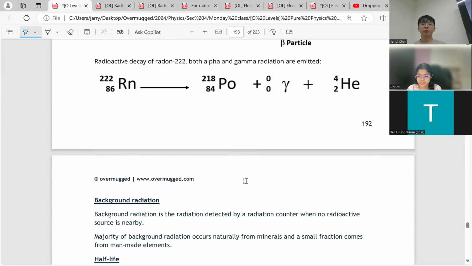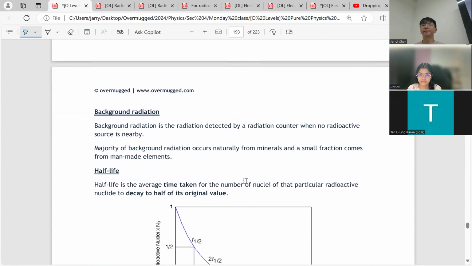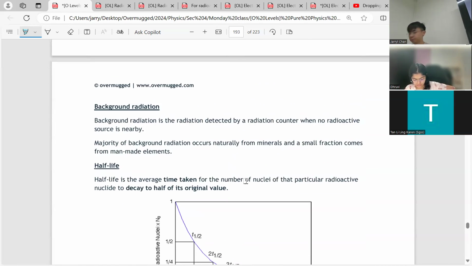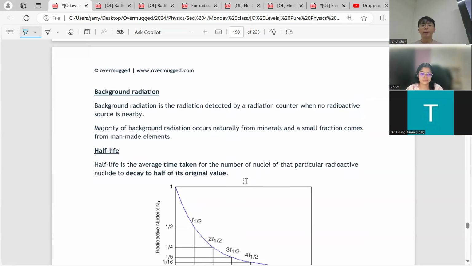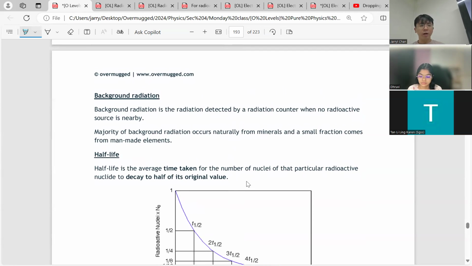Okay. Next key concept, background radiation. We can simply think of it as something that's occurring in the background, like apps that are running in the background on your phone. Background radiation is radiation that's happening, meaning no radioactive source.